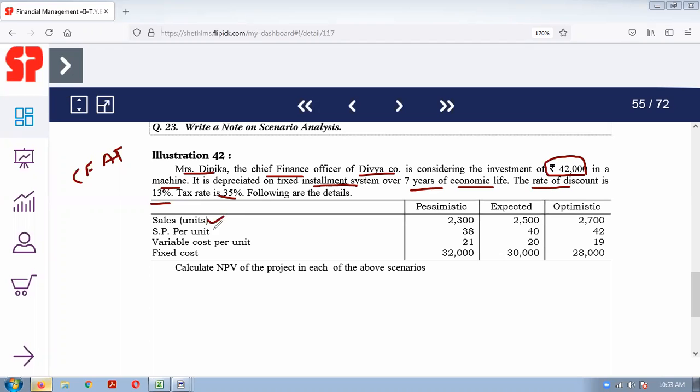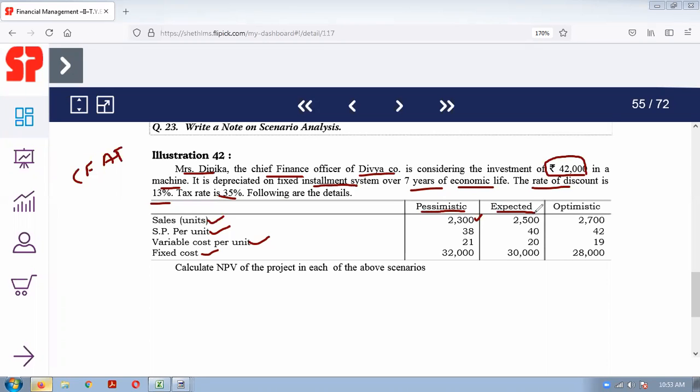Sales unit is given, selling price is given, variable cost is given, and fixed cost is given, under three different situations. Pessimistic situation: if the situation is not good in the country, then you can sell only 2,300 units.